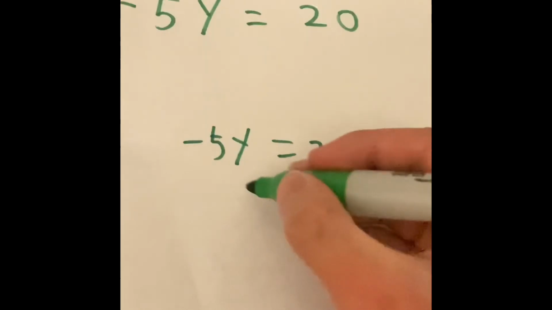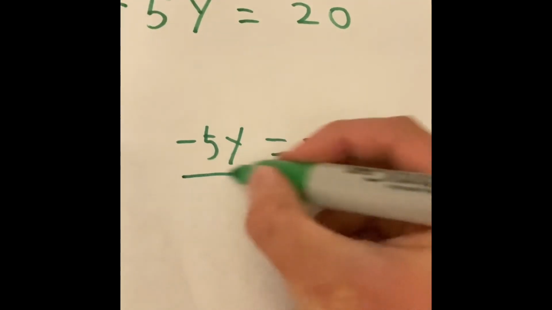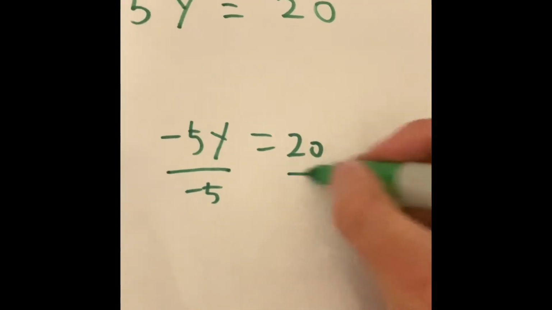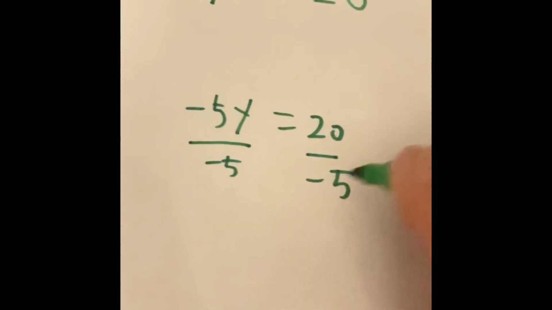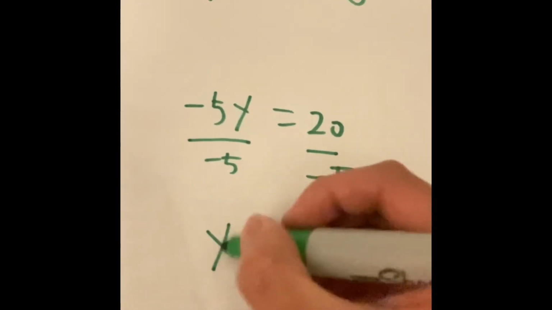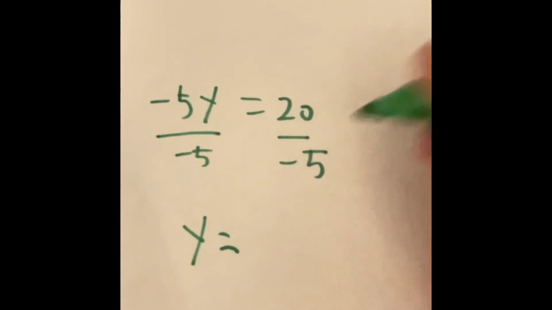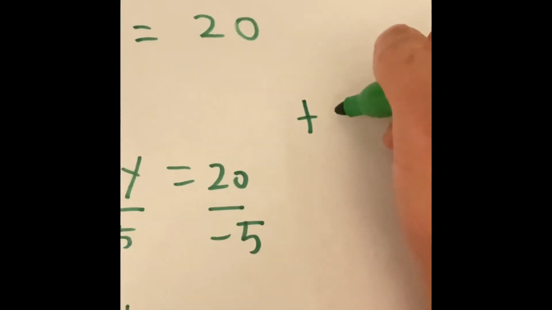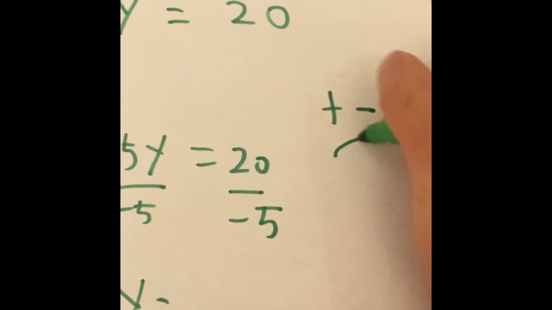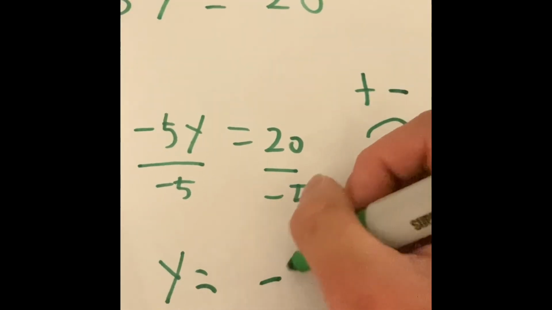When we want to isolate y, we divide by -5 and divide this side by -5 to simplify. y is going to equal 20 divided by -5. A positive divided by a negative becomes a negative, so that's going to be -4.